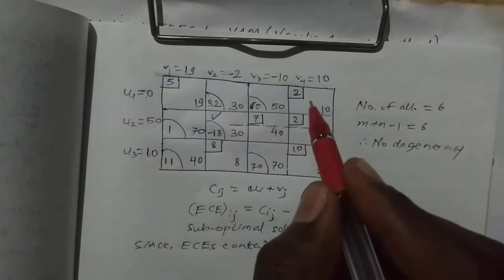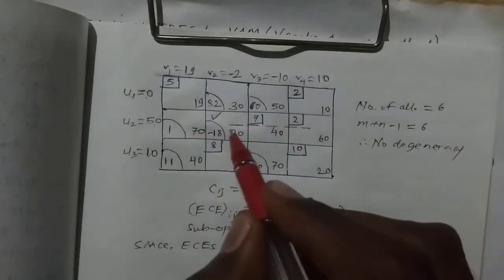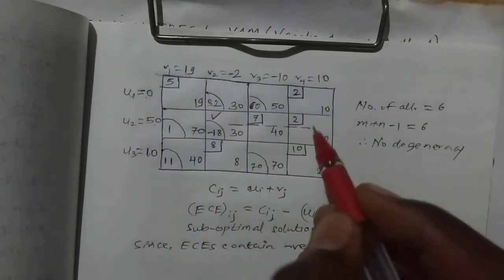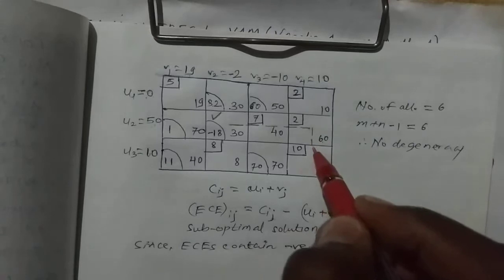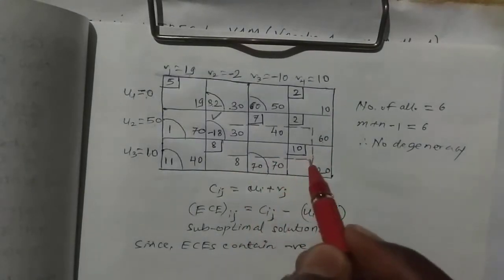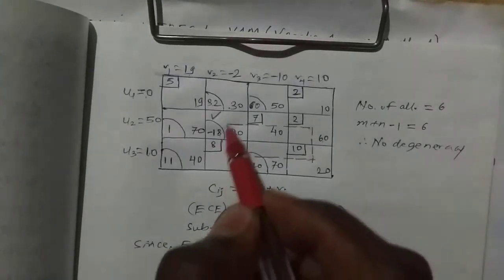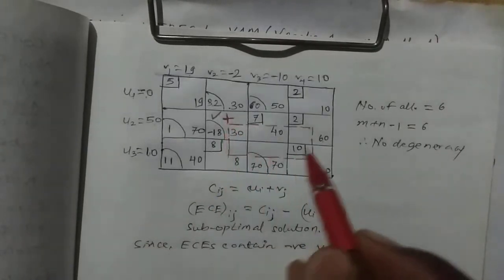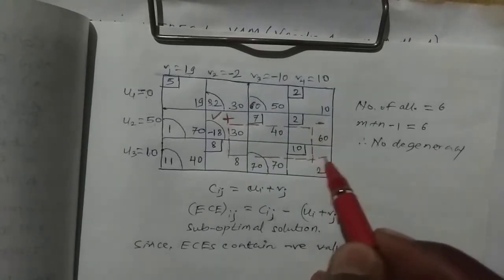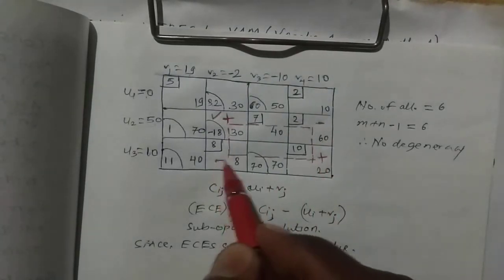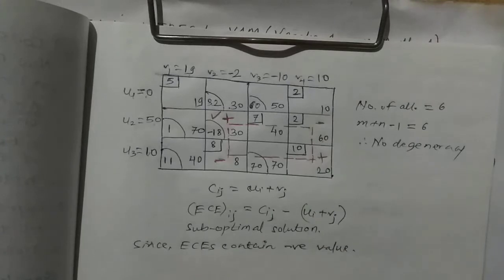But if we go above and then take the turns, it is impossible to reach this point. So therefore the loop will be in this way. Now give the plus sign to the starting cell, and alternatively we should have plus and minus signs, right?